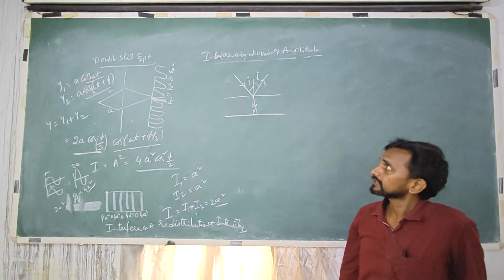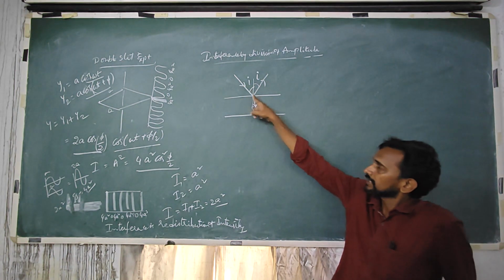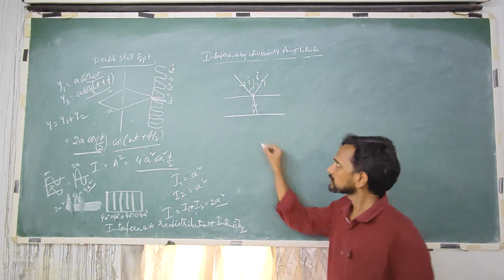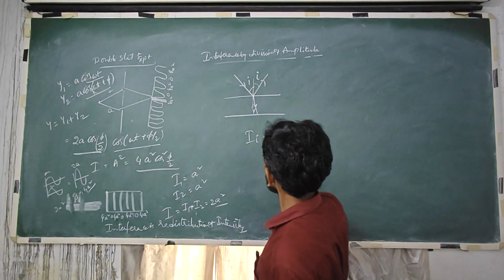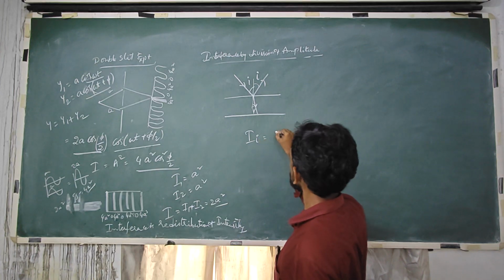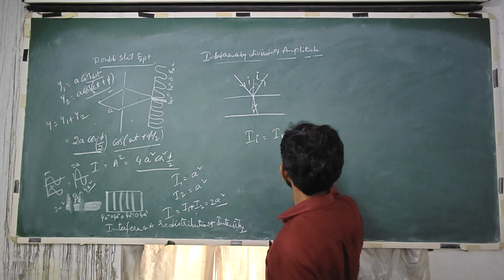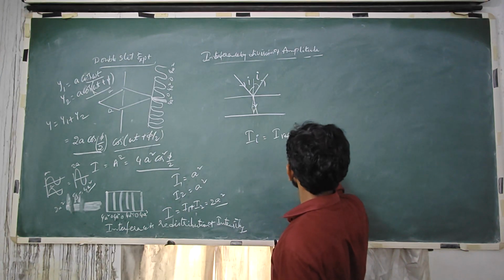Okay, so what happens? The input intensity is now divided between these two. So let's say the incident intensity is equal to I reflected plus I refracted.